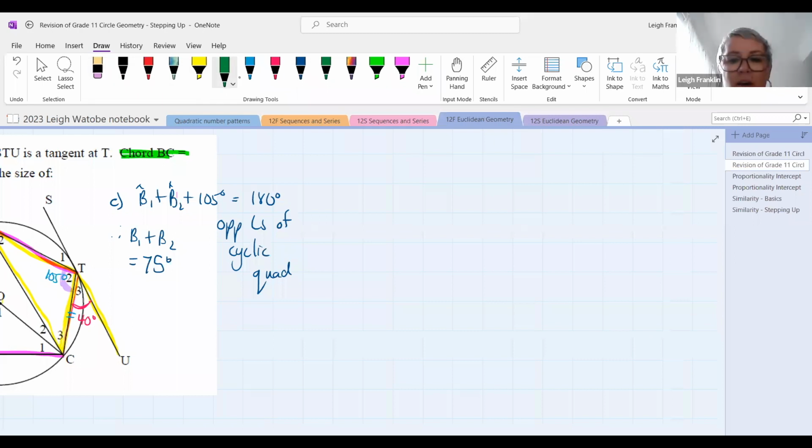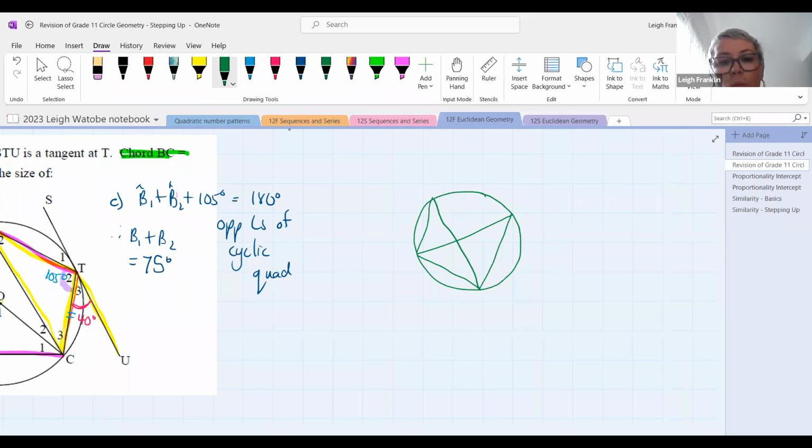If I draw myself a circle, all right, and I draw a chord, and from that chord, I have an angle at the circle over here. And I have another angle at the circle over here. What can you tell me about this angle in green and that angle in green? What can you tell me about those angles?